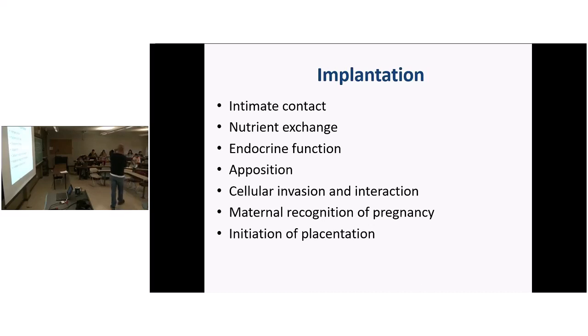And from this apposition, implantation, then you form the placenta. Okay? And where these connections occur in the placenta depends on the species. In cows it is like that, in humans it is like that, in dogs it is like that, and so on.